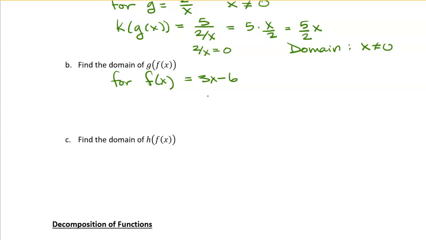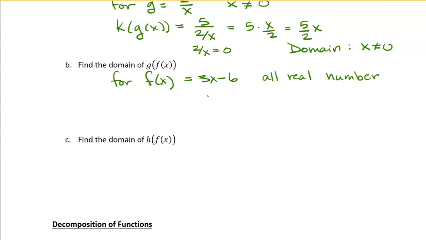This is fine for all real numbers. All real numbers can go into this function and it'll work. So the domain is all real numbers, and we don't have any restrictions on the domain of f of x.